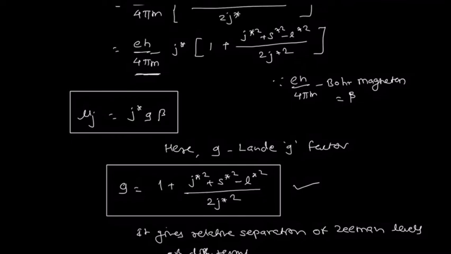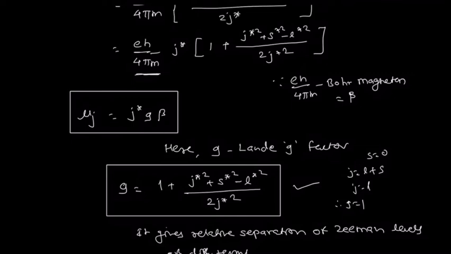If we suppose S is 0, then what is J? The J term is L plus S. S is 0, so J equal to L plus S means it is again J equal to L. Hence, in that equation, S is 0 and J is equal to L. Hence, the first and last terms get cancelled. The numerator term is 0, the total term is 0, and we get simply g equal to 1.